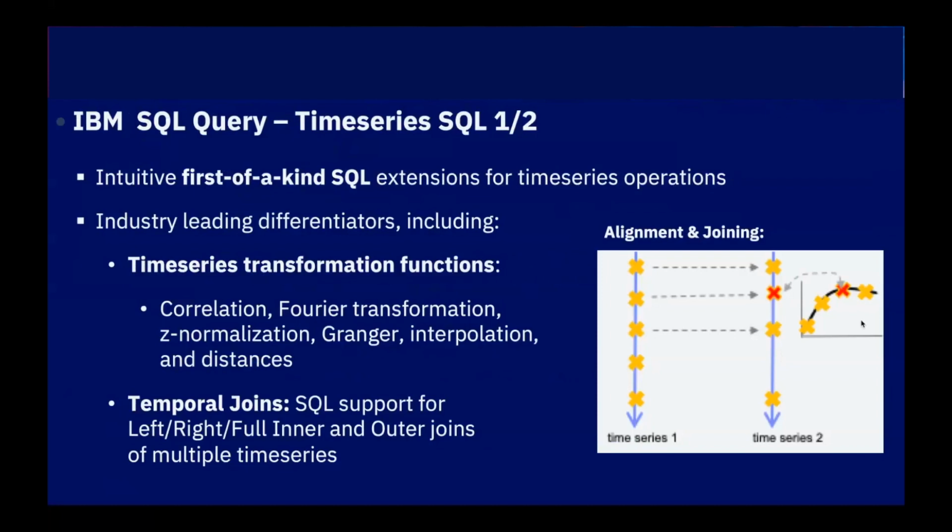There's no centralized clock on these two things, so they have completely different timestamps that are not exactly matching. That's something this library just does with a very simple SQL function. You can just call it and say, okay, correlate these time series and bring them into lockstep and, for instance, interpolate the values that may be missing in one time series over the other in order to be able to join them together.